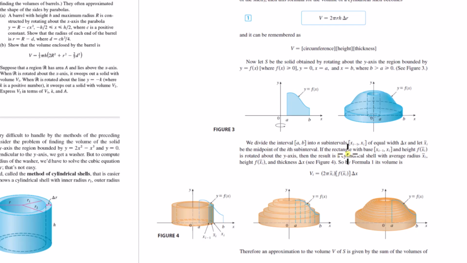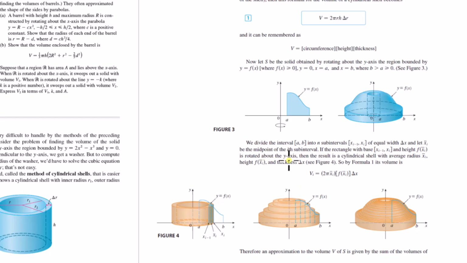Now the rectangle has base delta x, and its height is the function evaluated at the midpoint. So you've got delta x times f of x bar i.